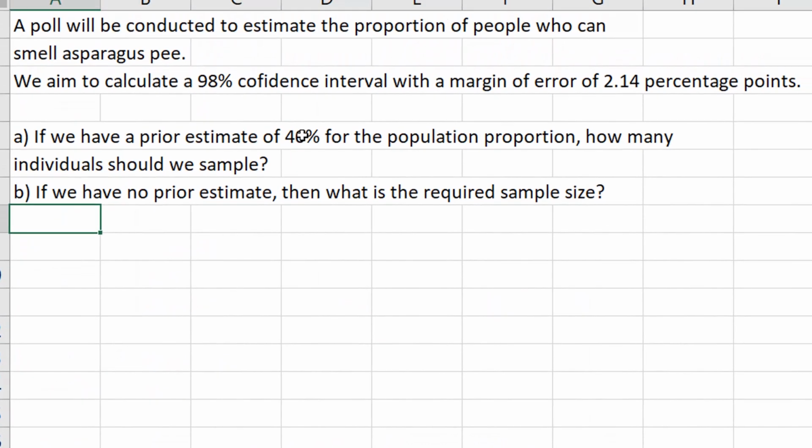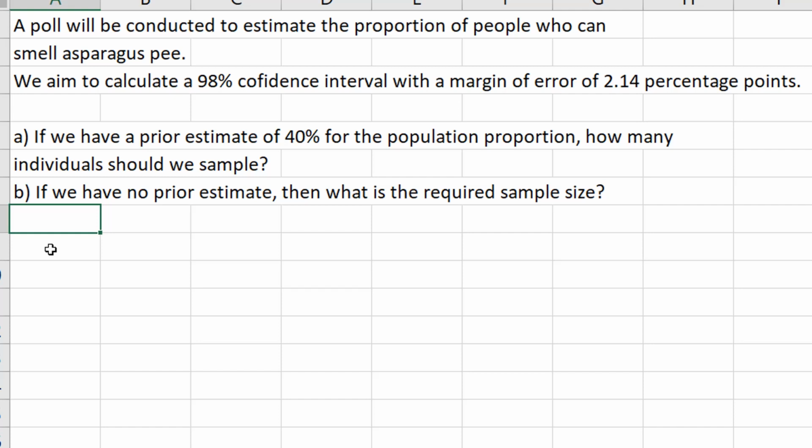A poll will be conducted to estimate the proportion of people who can smell asparagus pee. We aim to calculate a 98% confidence interval with a margin of error of 2.14 percentage points. So that's our goal. Now the first question is, if we had a prior estimate of 40% for the population proportion, then how many individuals should we sample?